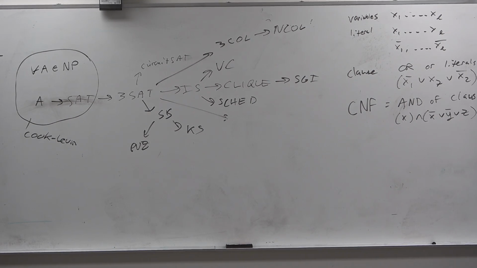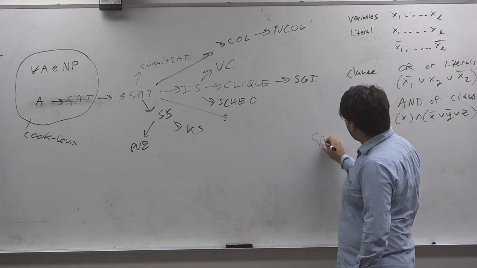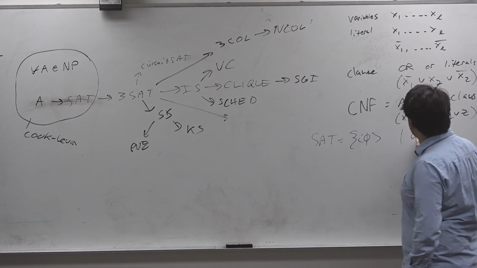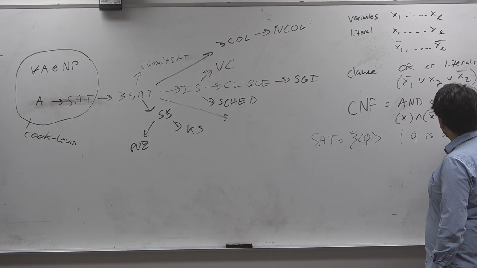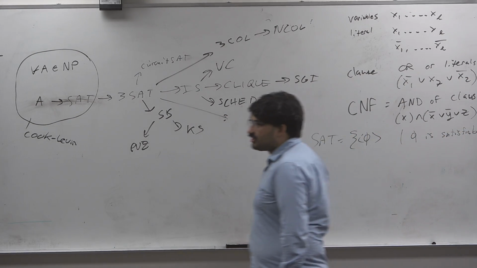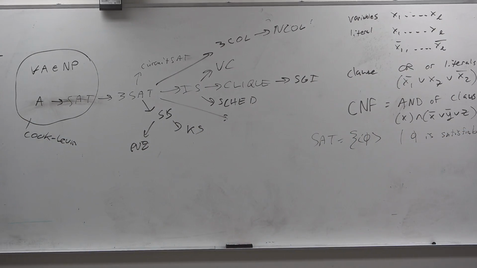That's kind of it. What is SAT? SAT is the problem where you're given an encoding of a formula phi and asked whether it is satisfiable. A formula is satisfiable if there exists a satisfying assignment: can you plug in variables such that the formula outputs 1?